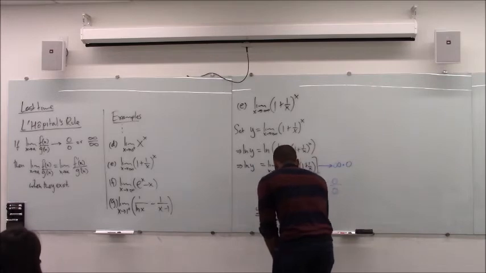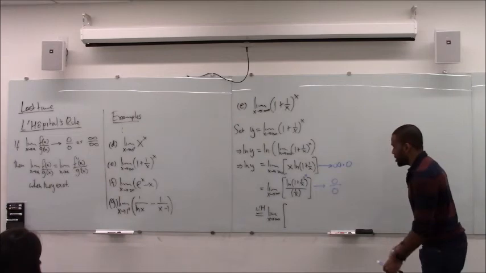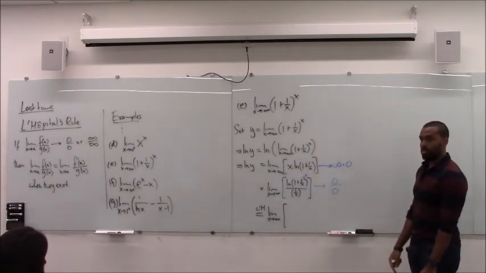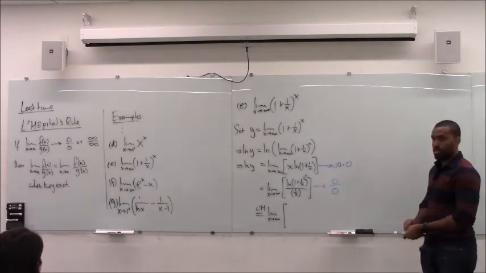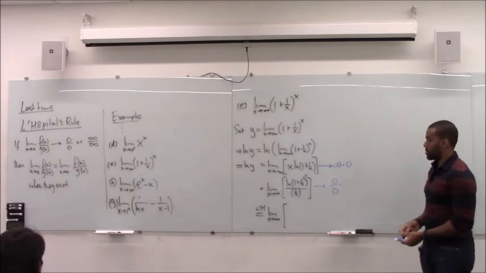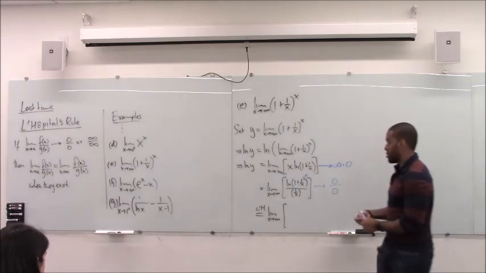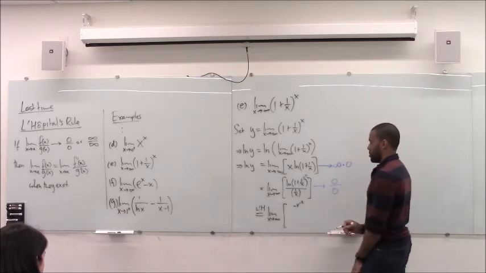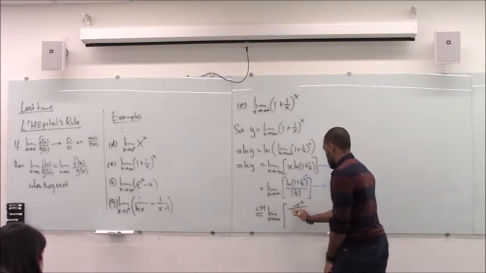Okay, so, all right. Now it comes down to your derivative skills. How do you differentiate log of 1 plus 1 over x? Negative x to the negative 2, over 1 plus 1 over x.